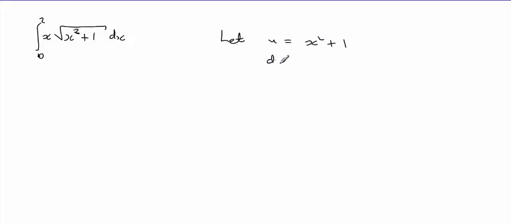Then du/dx gives us 2x plus 0, which is equivalent to saying du over 2 equals x dx.